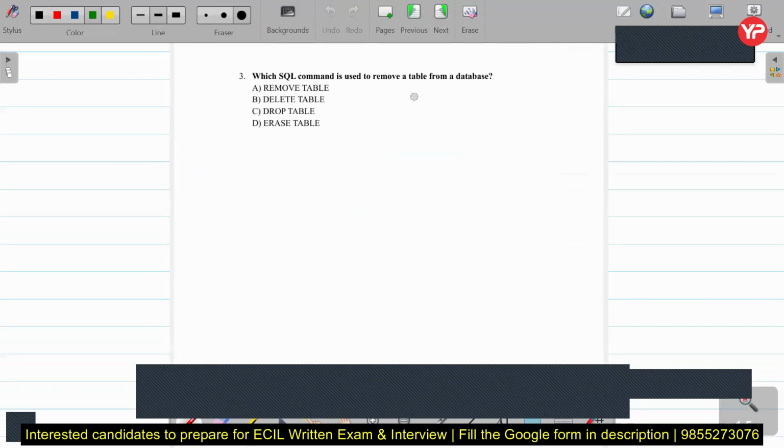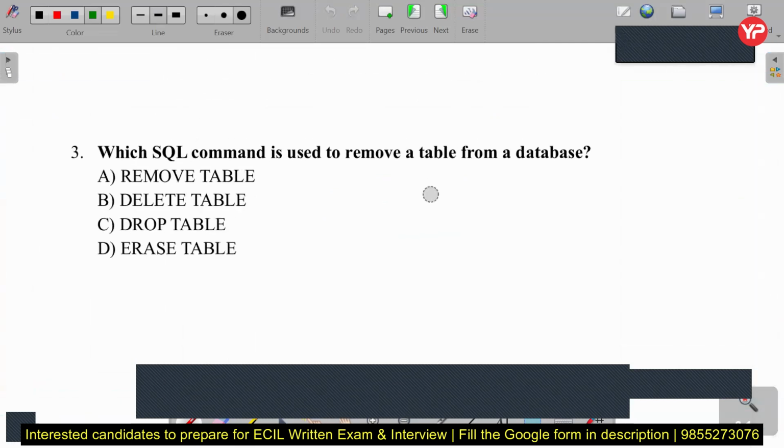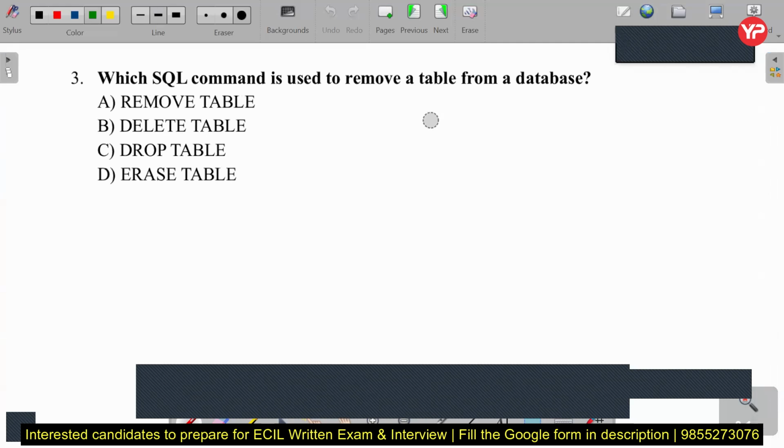Next, which SQL command is used to remove a table from a DB? We have different commands: the drop command, truncate, and delete. These are the main commands in SQL.